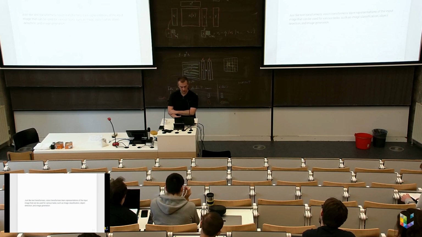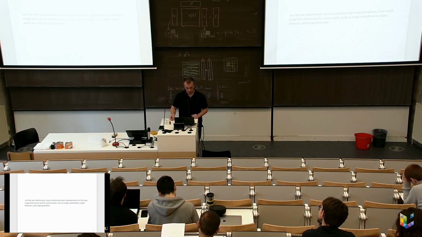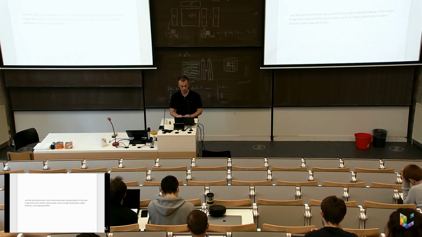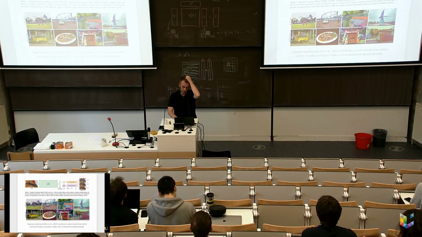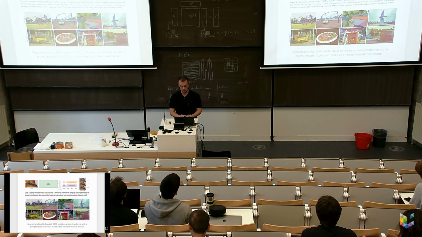Okay, and I said that this ViT could learn good representations for image-related tasks like object detection and image generation. But further than that, what is now becoming the norm in computer vision tasks is this.